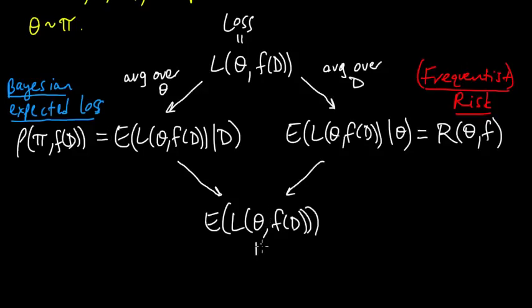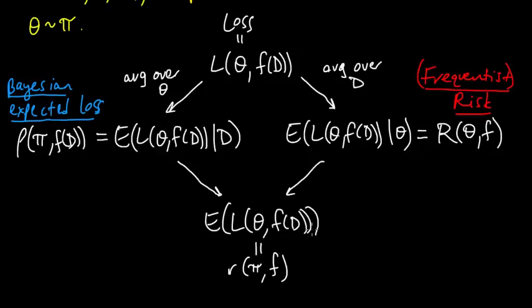The notation is little r, and it depends on, well, we averaged over theta with respect to pi, so it depends on our prior pi. And it also depends on this function f. Here, we could just write f of d because we were just considering a particular value of d.